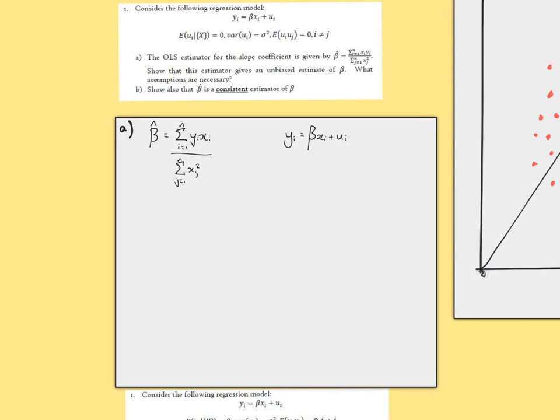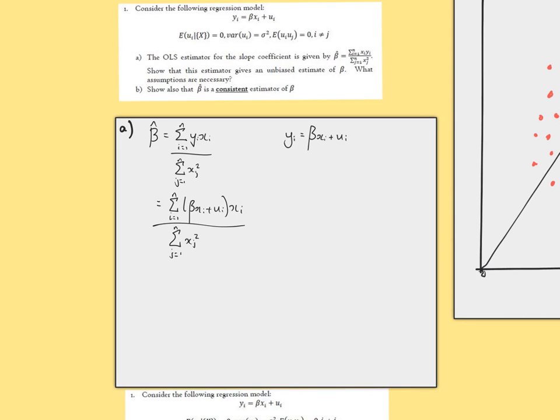So let's substitute our data generating process into our estimator. Substituting in yi is equal to beta xi plus ui, we get the sum of the beta xi plus ui, multiplied by xi, over the sum of the x squared.